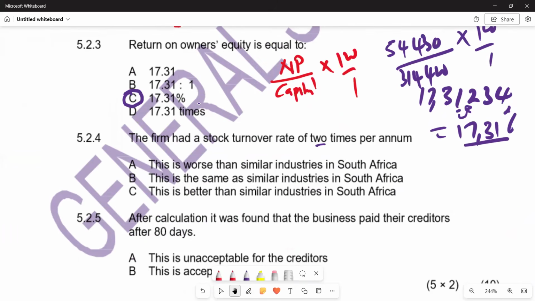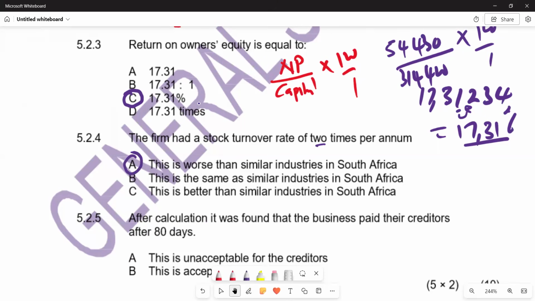When the stock turnover rate is greater, the more liquid the firm is. So we are saying when the stock is bought, it can easily go out quickly, and we get cash. So the more liquid it is. So if you've got a higher stock turnover rate, it means you have got a better position. As we have got a lower stock turnover rate, it means we are worse than similar industries in South Africa. So the correct response is that this is worse than similar industries in South Africa, which is A.